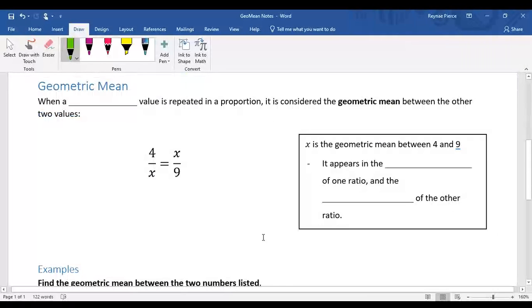Okay, but the geometric mean is when a positive value is repeated in a proportion.